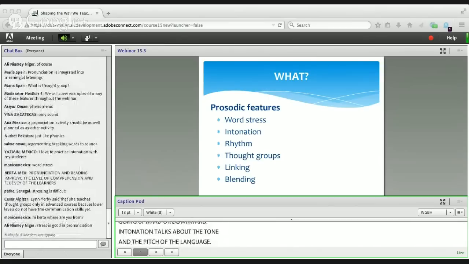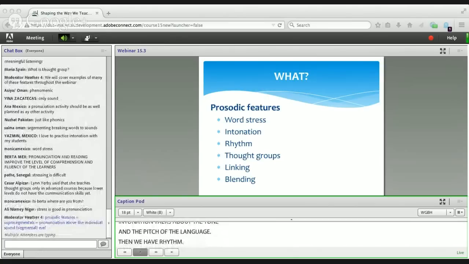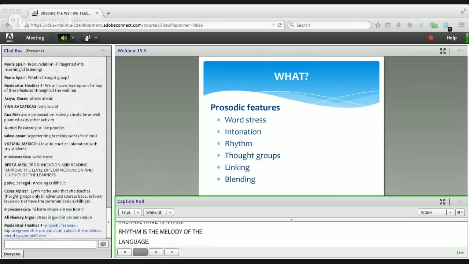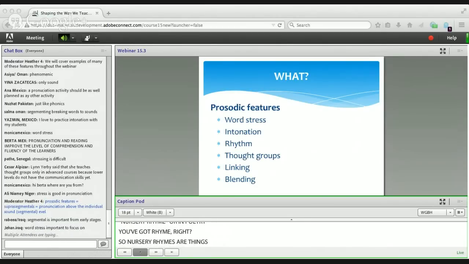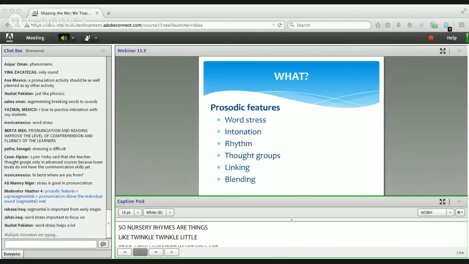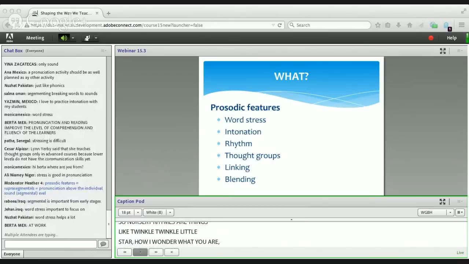You might be familiar with the term nursery rhyme, or in poetry, you've got rhyme. Nursery rhymes are things like, twinkle, twinkle, little star, how I wonder what you are, up above the world so high, like a diamond in the sky. The idea is, what is the rhythm, the beat structure of that phrase or sentence?